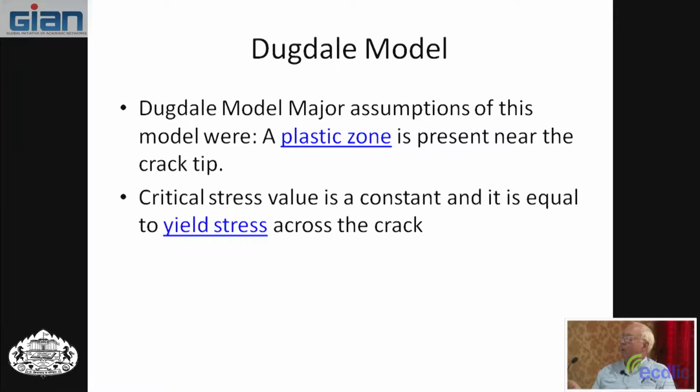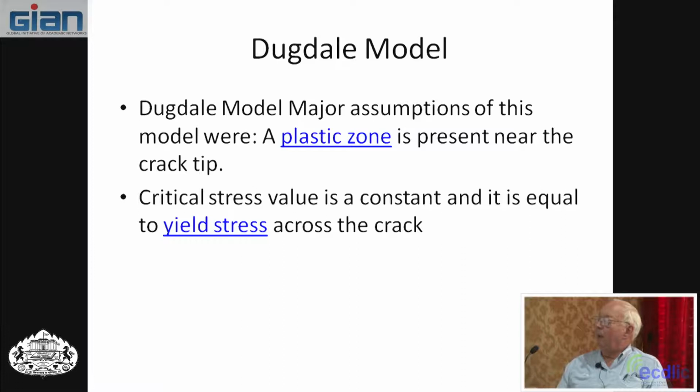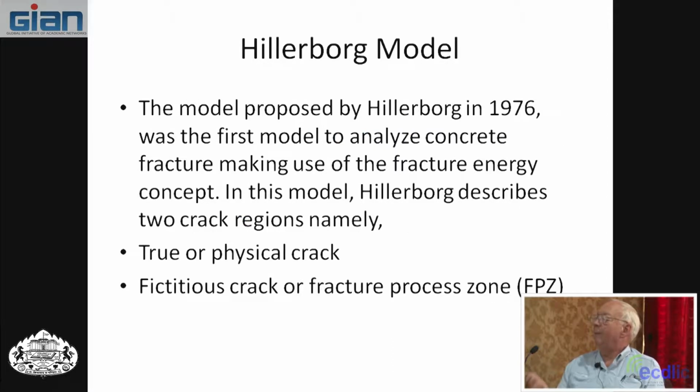I think he was of an earlier generation, so I think he's no longer living, but he had a model in which a plastic zone is near the crack tip and equal to the yield strength, and his model, as far as I knew, was always applied to metals, things that yield and don't microcrack. However, it seems to me that his model is used in concrete as well.